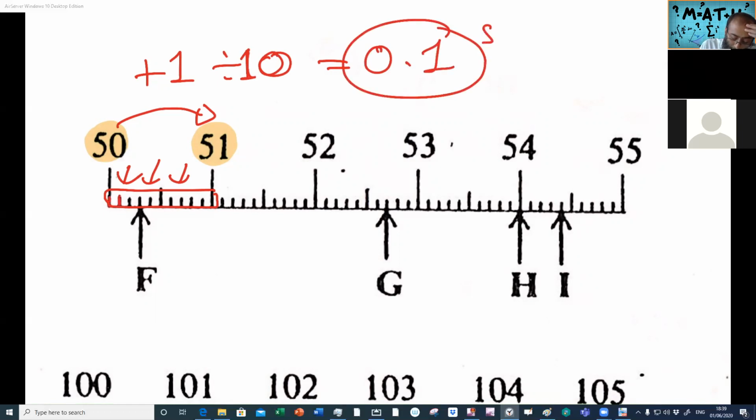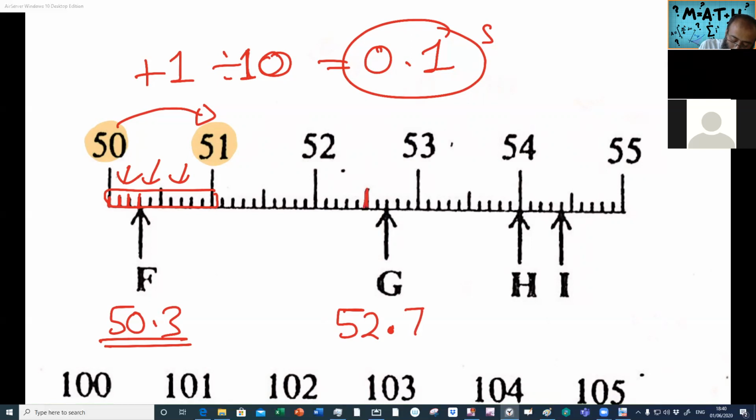50, 50.1, 50.2, 50.3. What's G going to be, and H and I? Go, Iman. So G is going to be 52.7.